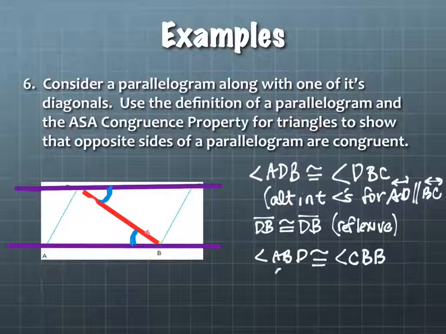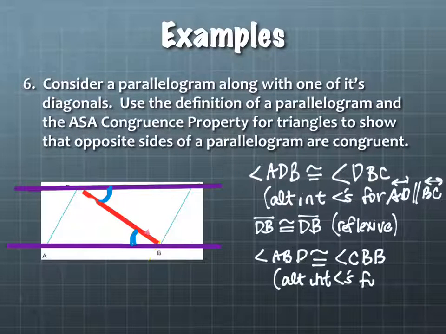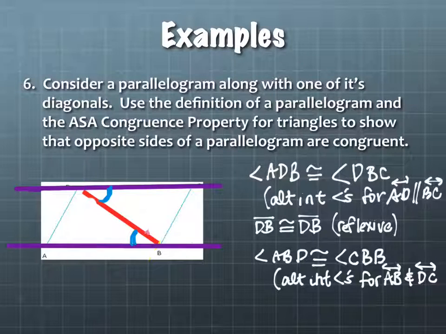And again, the reason is because alternate interior angles for the lines AB and DC. Do we say and or parallel, or either? It would be better if I said parallel. I will fix that.